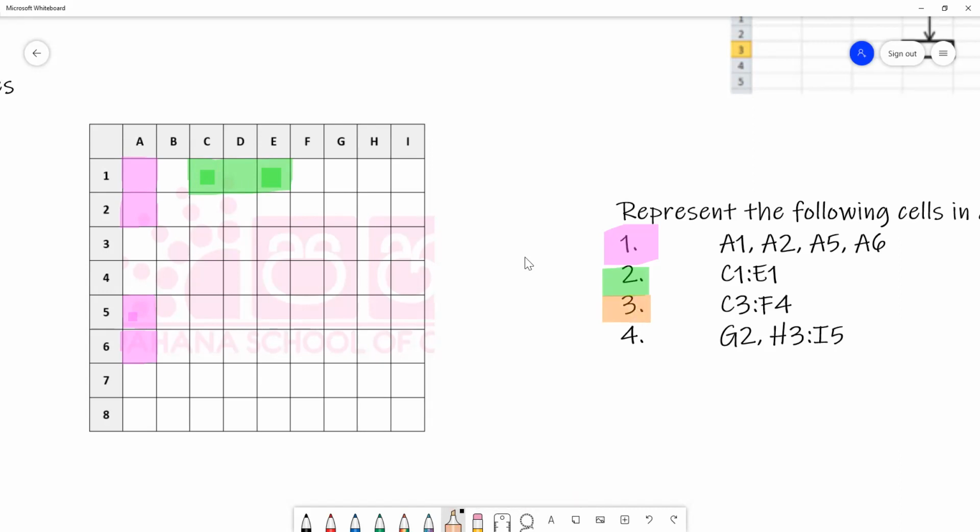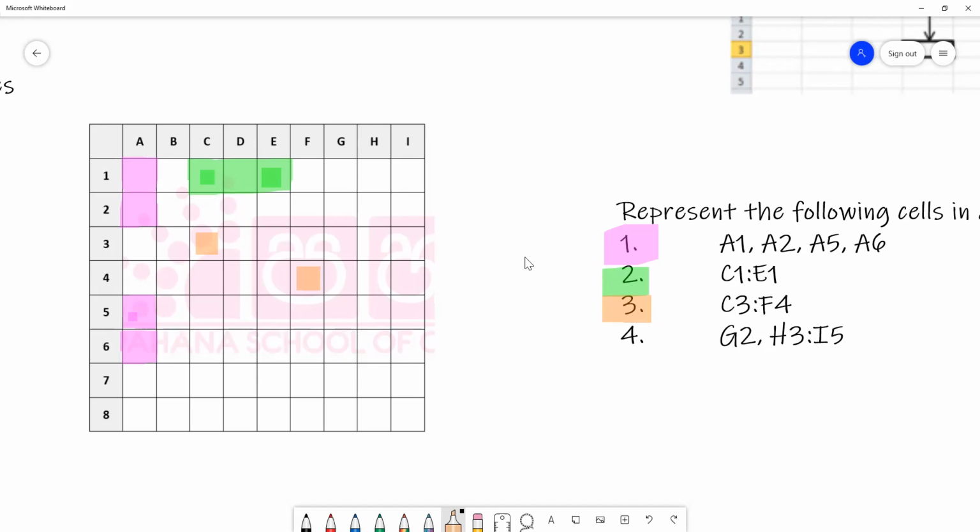Third one. So in the third one, we have C3 to F4. So we have C3 here, right? And then F4. F is here.